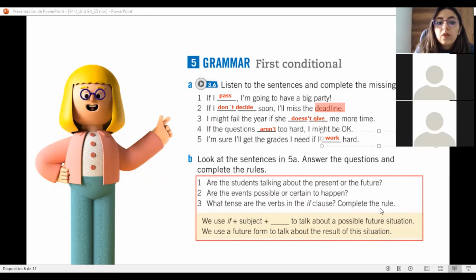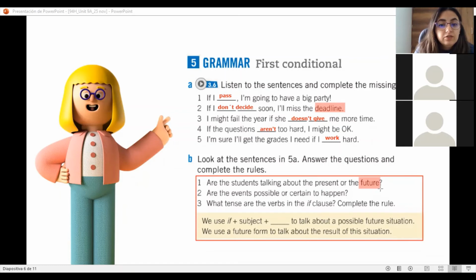Future? Okay, yes. They are talking about the future. It's something that hasn't happened yet. Si hablan de algo que aún no ha pasado, ¿no?